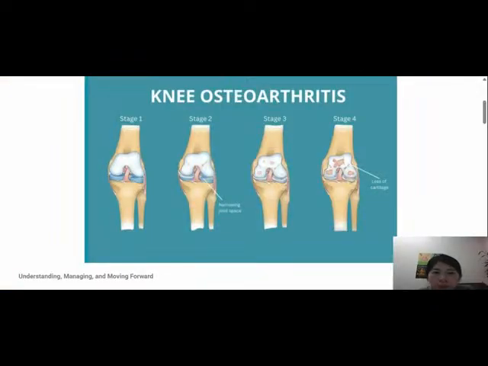Now the second and the third stage. So how do we treat the third stage of knee osteoarthritis?